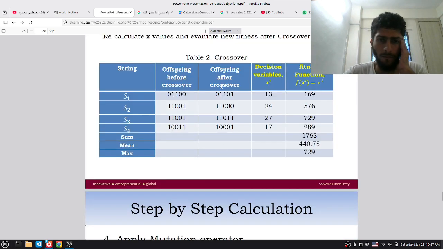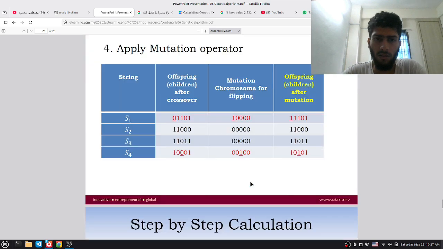So the next one, before the crossover and after the crossover, we get the same variable x, and after the x to the power of 2, the sum, mean, max again. And here is the mutation of the chromosome, so we choose this. Actually we can put the one over here, or over here, but it is random. It is not necessarily zeros, but we can put zeros sometimes.